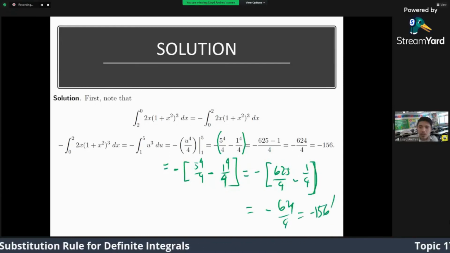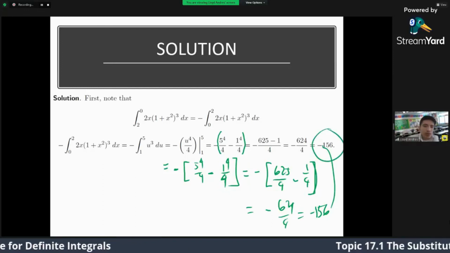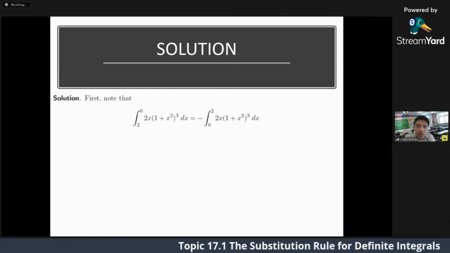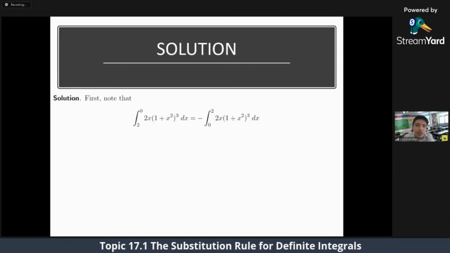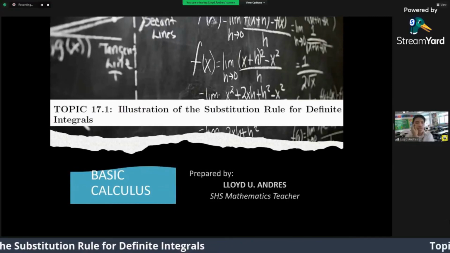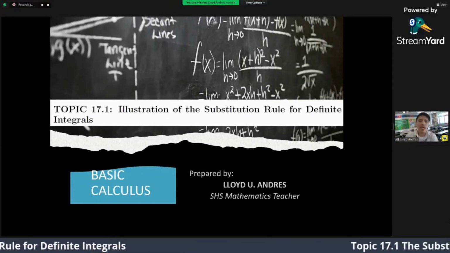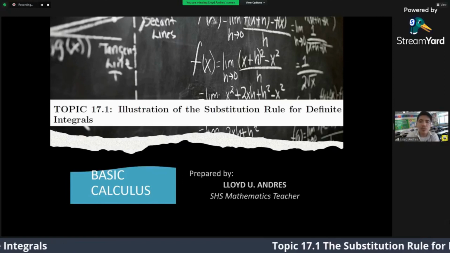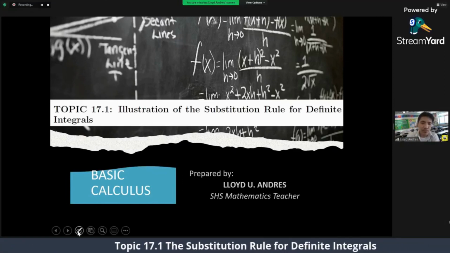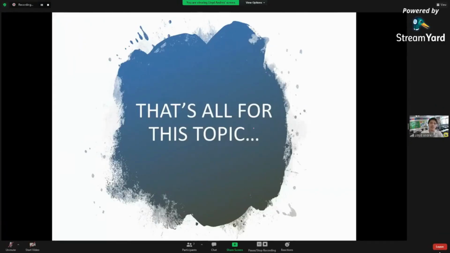So it is the same when solving with the reversed limits. That's all for topic 17.1, entitled Illustration of the Substitution Rule for Definite Integral. Thank you and see you next session.